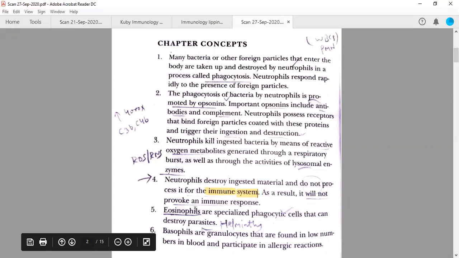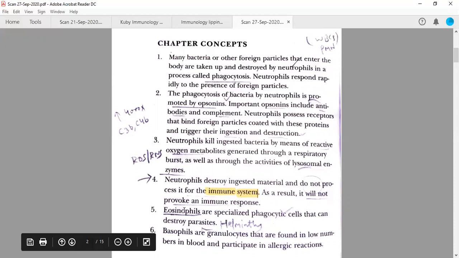As a result, it will not provoke an immune response. So once a neutrophil is able to kill a microbial cell or pathogen, it will not activate a fully pronounced immune response.